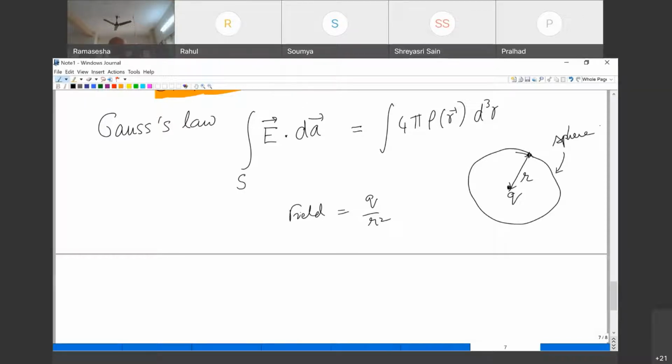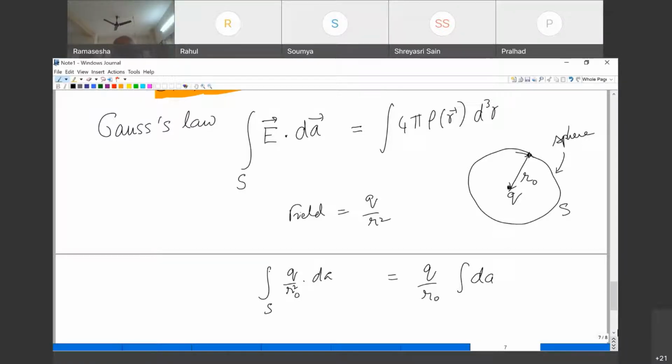On that sphere of radius r naught, supposing I find the integral of field dot dA, q by r naught squared dot dA. So this is equal to Q by r naught squared times the integral over dA, which is the surface of the sphere.